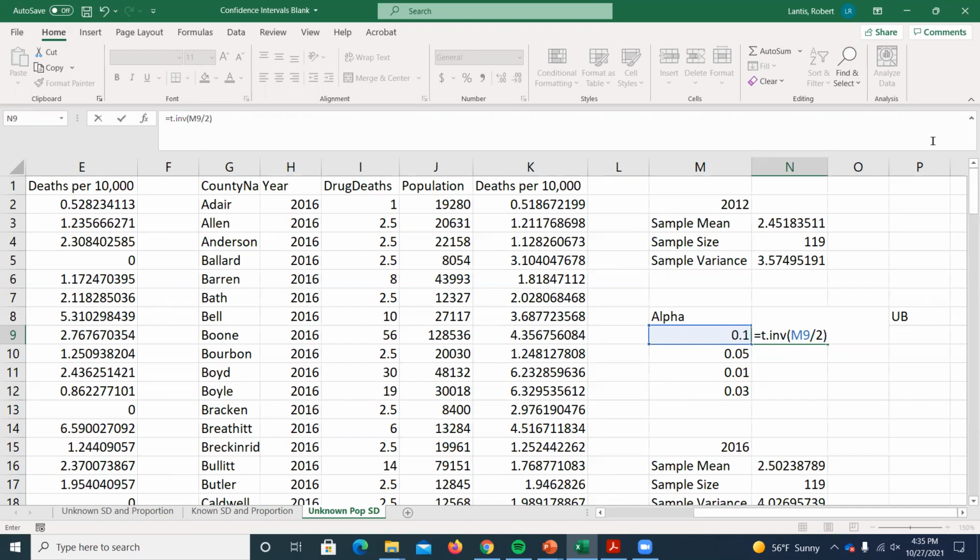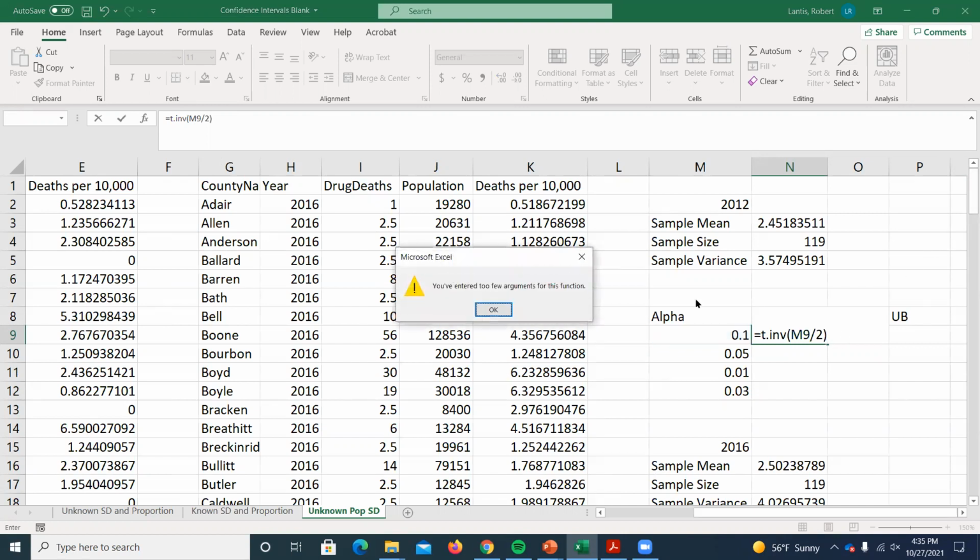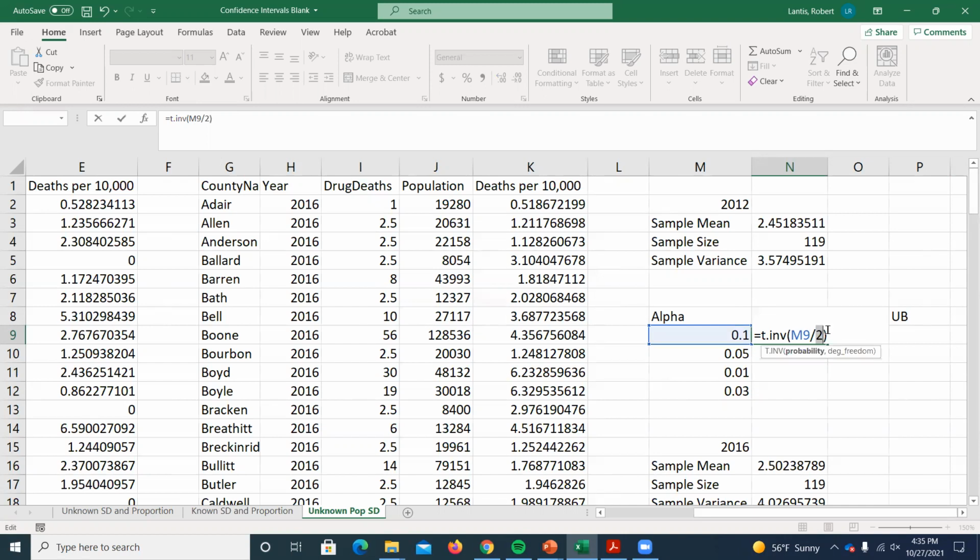Now, the problem is going to be if I treat this like the normal distribution. Oh, I forgot. This function actually needs 2 things, so I have to put a comma. The second thing I need to tell it is, which student t-distribution am I using? What's the degrees of freedom? Well, that's simply going to be my sample size, which I have up here, minus 1. Okay.